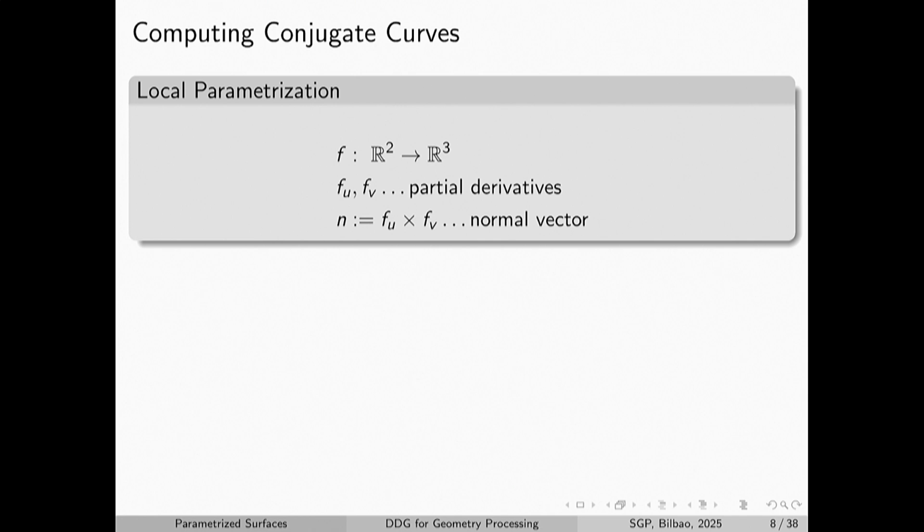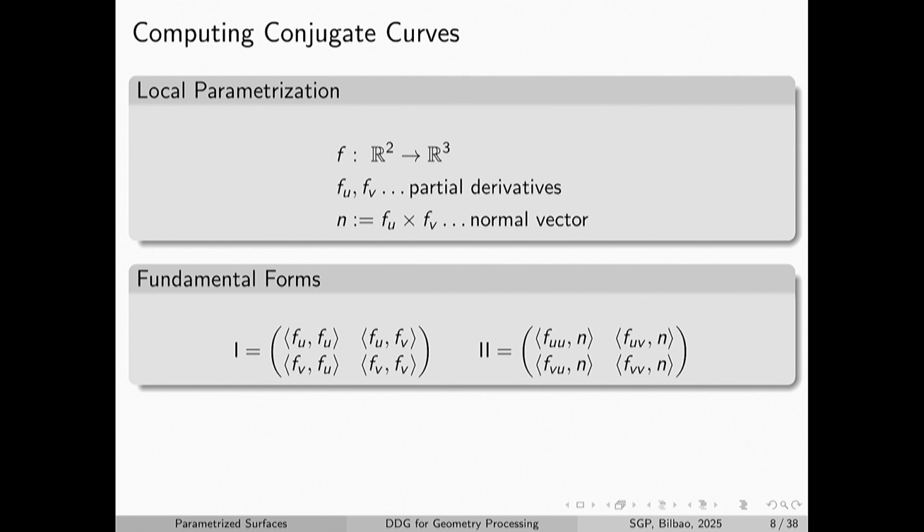How could we compute conjugate curves? So let's do a bit of math. Suppose we have a local parametrization of our surface, and we denote the partial derivatives by fu and fv, and then we can define the so-called fundamental forms.